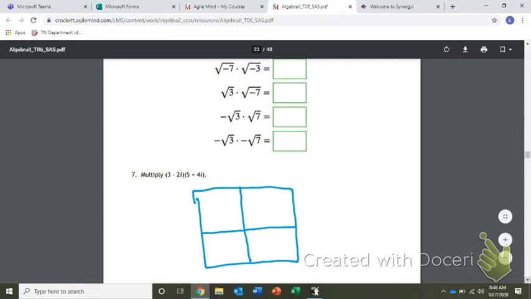So on top, 3 minus 2i. And on the side, what is it going to say? 5 plus 4i. So now, I want you to fill in the box. And then stop.